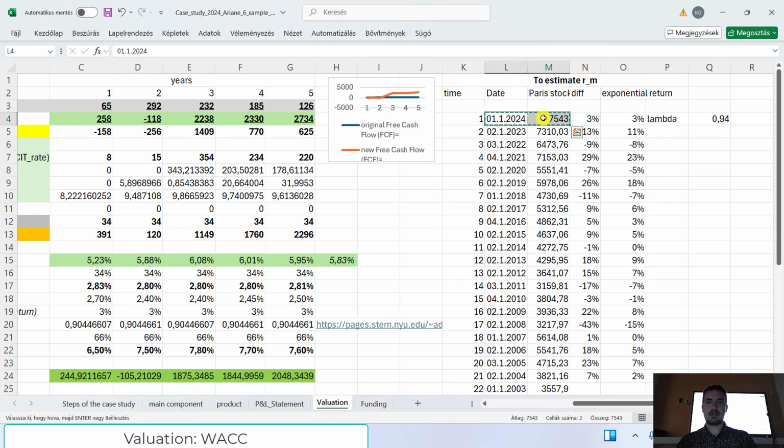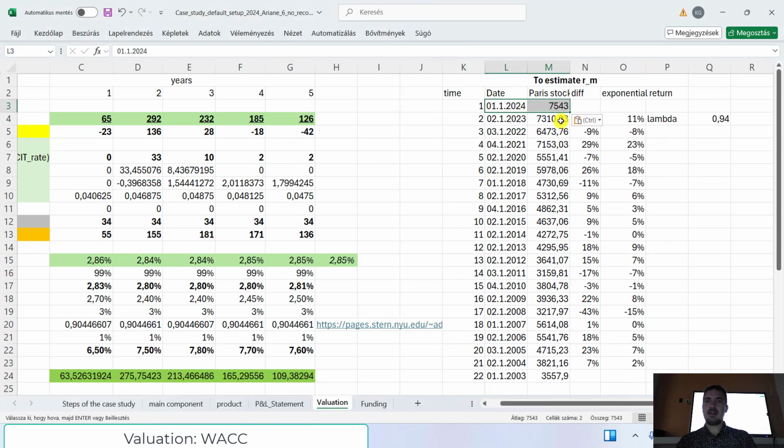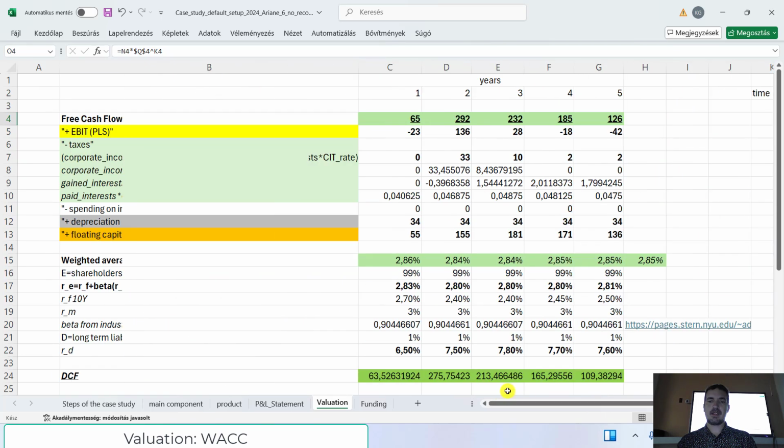Sorry, date and index value. And then let's add also the exponential thingy. Checking. Okay, everybody is referred to the right place. Are you? Yes, you are too. Cool.